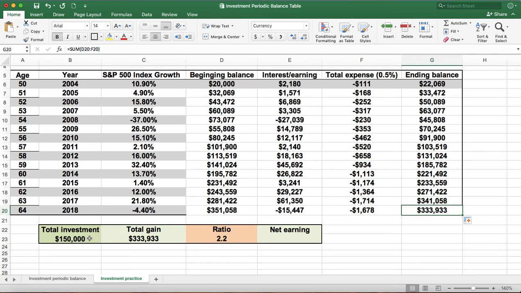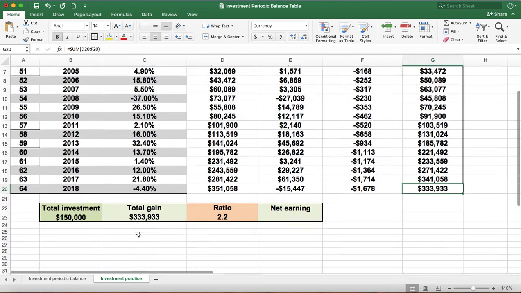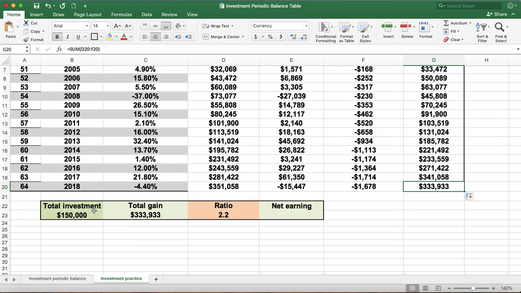And let's check on the total investment so far. It is the initial investment plus 10,000 times 13. Why times 13?